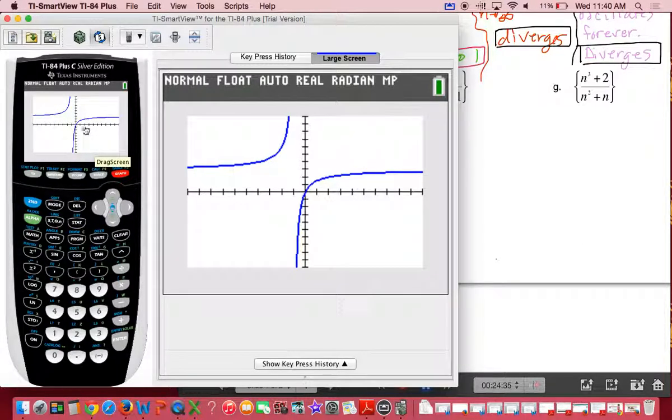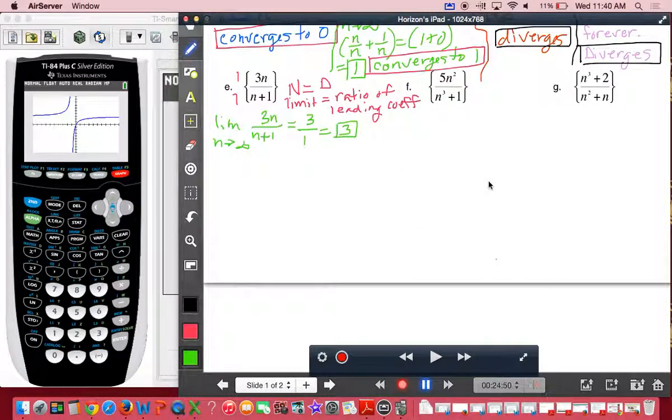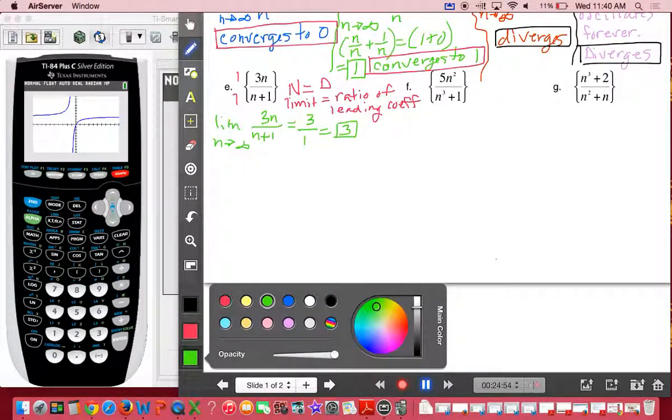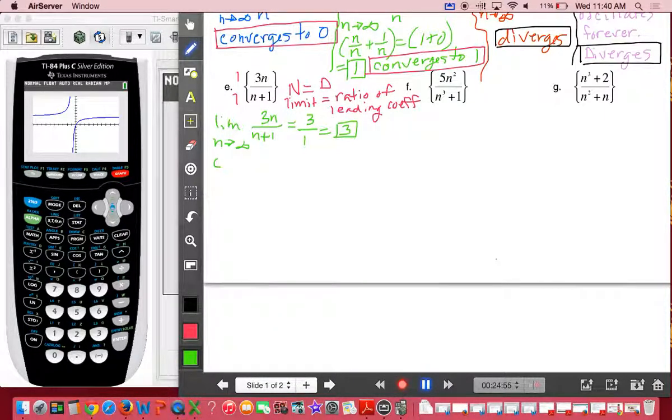And so as x approaches positive infinity, what is the graph approaching for the y value? 3. It's getting closer and closer to 3. It won't ever cross it, but it's going to get closer and closer to 3. So, convergent or divergent? Convergent. So it converges to 3.